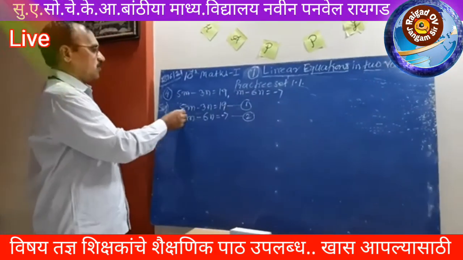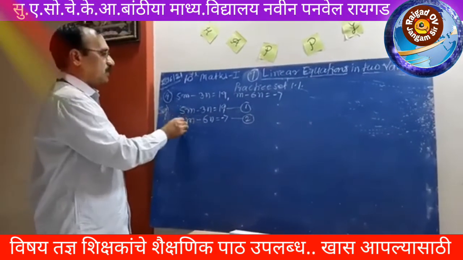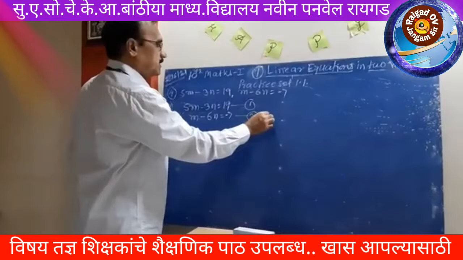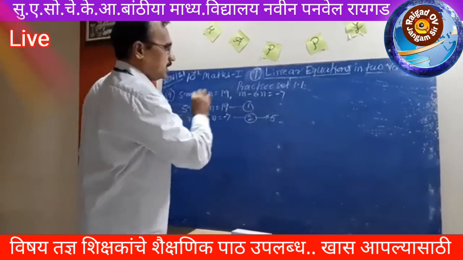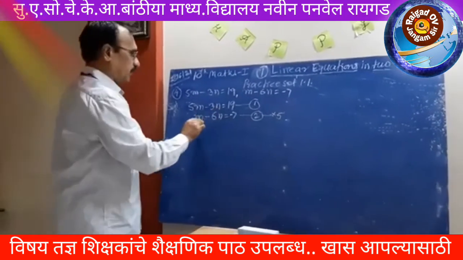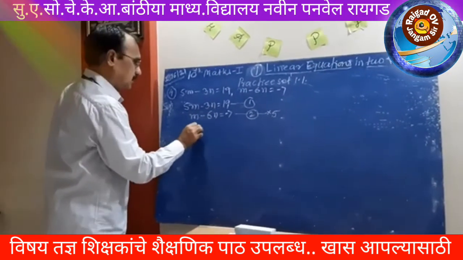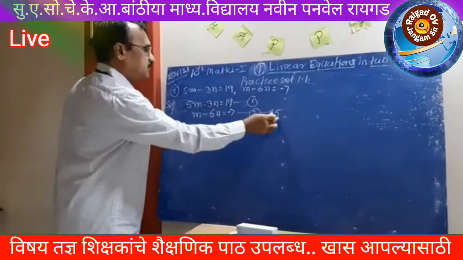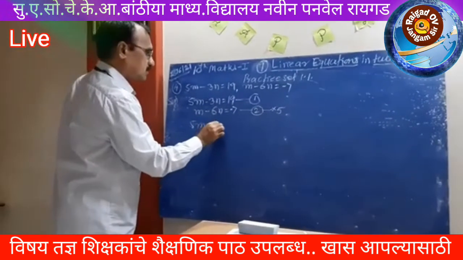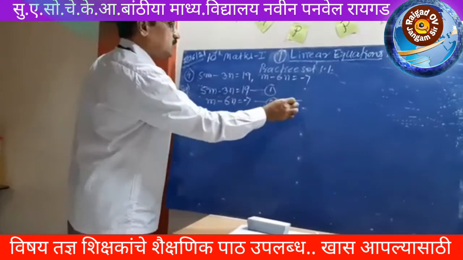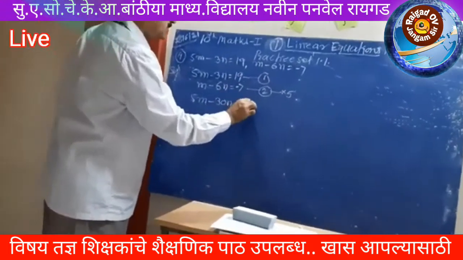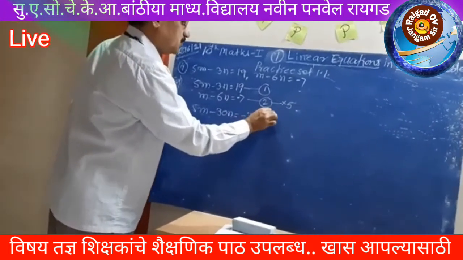Here the coefficient of m is 5 and in the second equation it is 1, means if we multiply the second equation by 5, then 5 into m, that is 5m, minus 5 sixes, 30n, is equal to 5 sevens, minus 35. This is equation number 3.